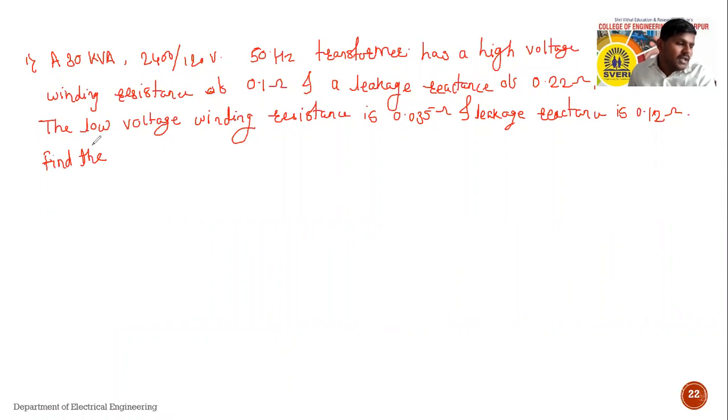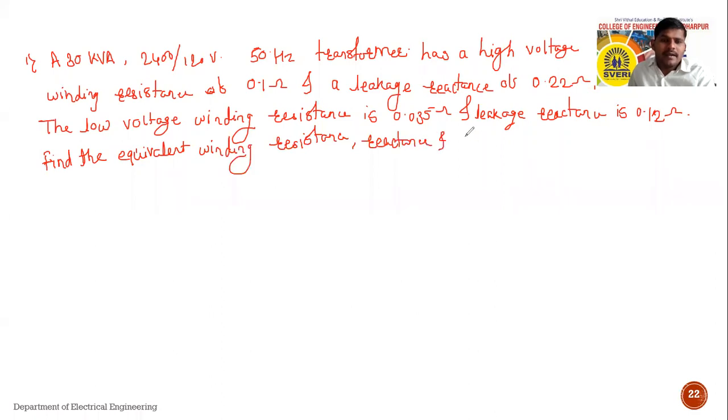Find the equivalent winding resistance, reactance and impedance referred to, first, the high voltage side, and second, the low voltage side.